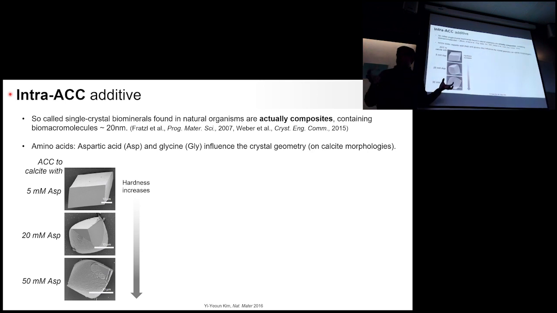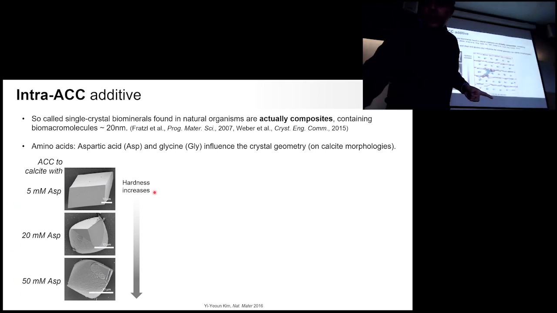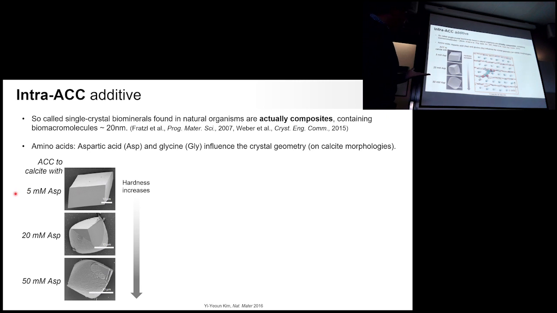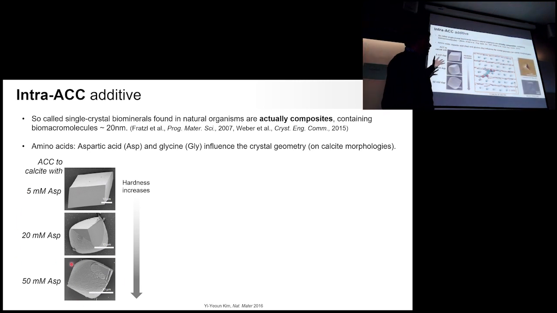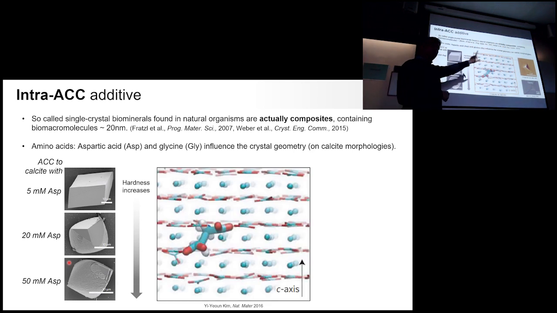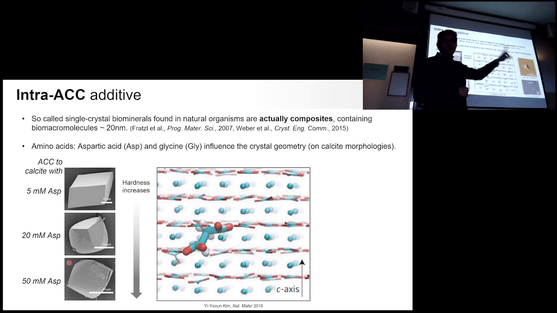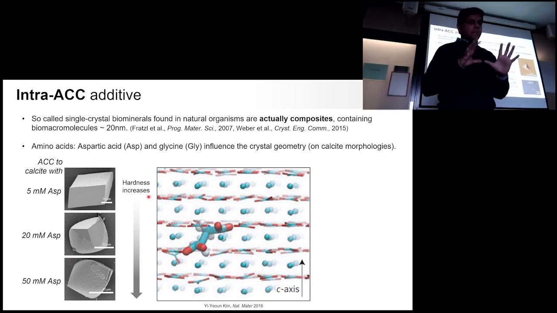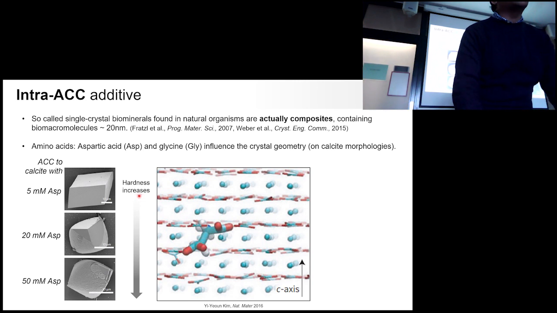You do not have the rhombohedra here. It's more deformed, and the structure is very different from there. And the important result here is that by incorporating these additives inside the calcite, you can increase its hardness.